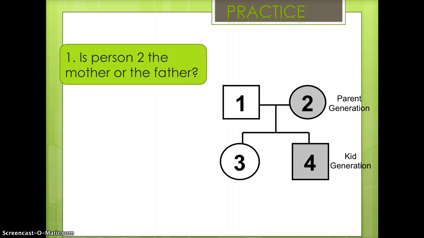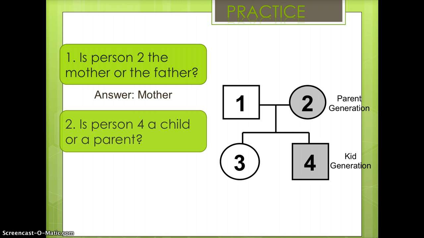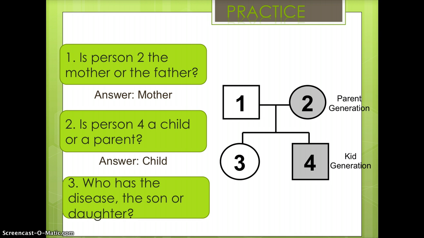Let's practice. Is person 2 the mother or the father? The mother. Is person 4 a child or a parent? A child. Who has the disease, the son or the daughter? The son.